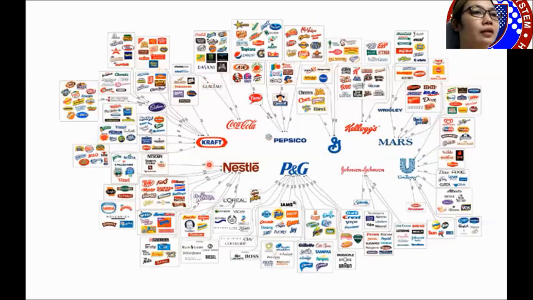So if you see the Kraft, the Coca-Cola, the Pepsi company, Mars, the Unilever, the Johnson and Johnson, Procter and Gamble, and then the Nestle. So these are examples of companies under the market structure of oligopoly.